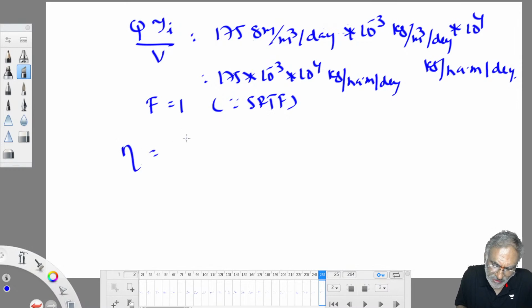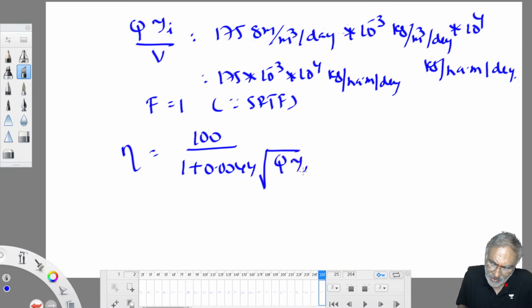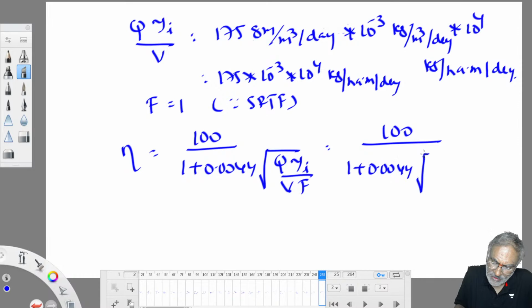Therefore efficiency is equal to 100 by 1 plus 0.0044 into root of Q into YI by V into F. Q into YI by V value we got already. 1 plus 0.0044, Q into YI by V value is 175 into 10 power minus 3 into 10 power 4. F value is 1.